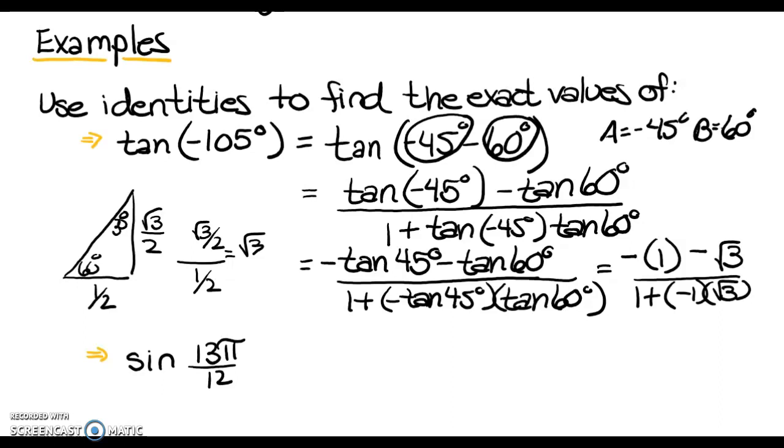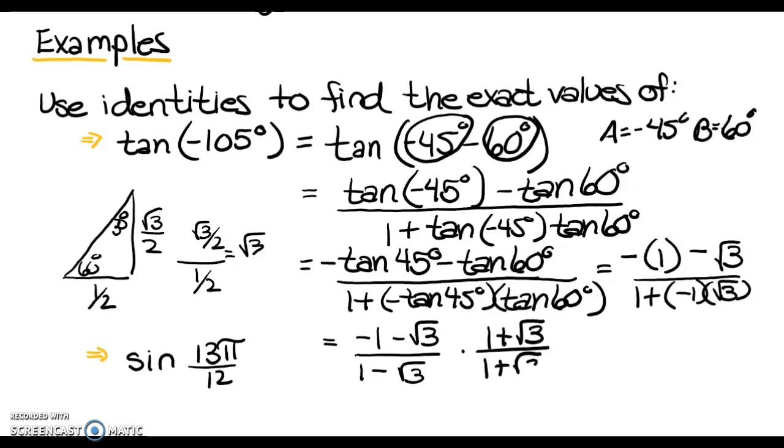Remember, when we do this, we have to rationalize our denominator. I have negative 1 minus radical 3 over 1 minus radical 3, so I multiply by the conjugate of the denominator.